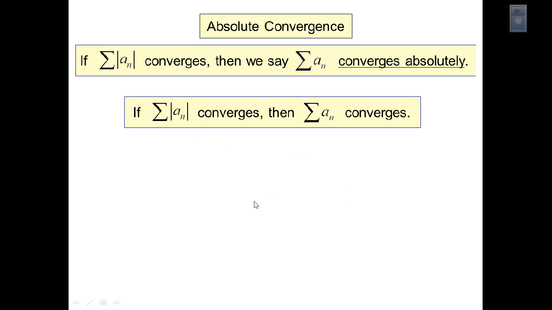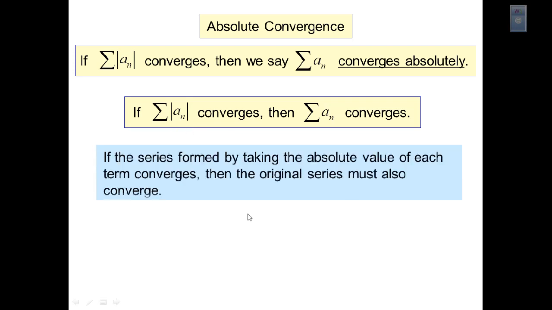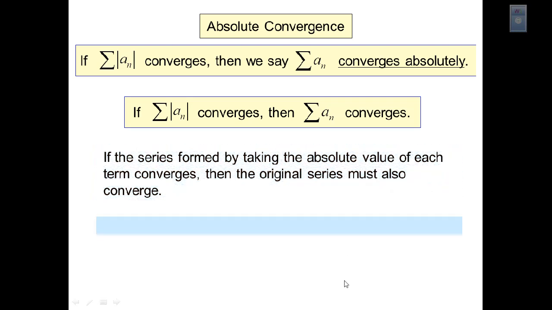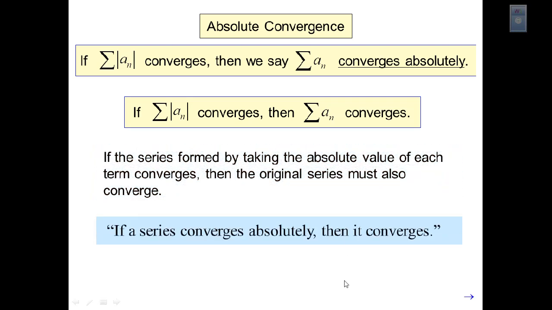It's the absolute value test. So if the series formed by taking the absolute value of each term converges, then the original series must also converge. If a series converges absolutely, then it converges. You would hope if you say converges absolutely that converge would be part of it.